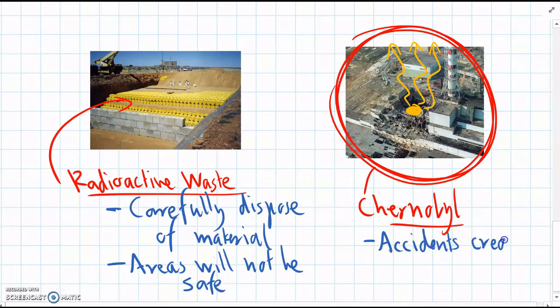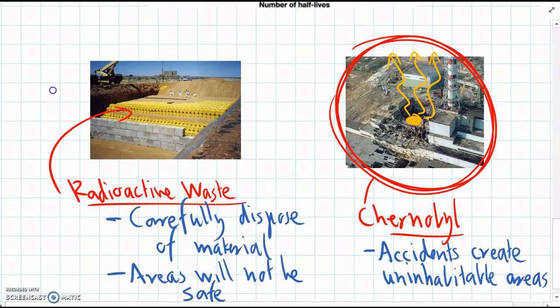So accidents can create areas that are just uninhabitable. People can't live near that reactor pretty much for millions of years, because radiation has infected the whole area around that town.